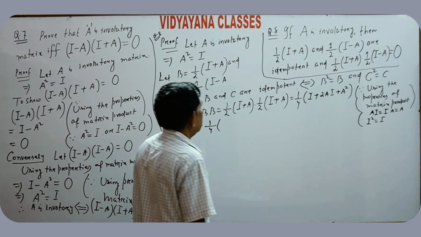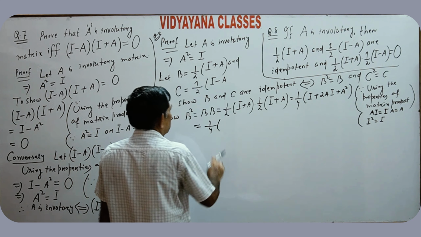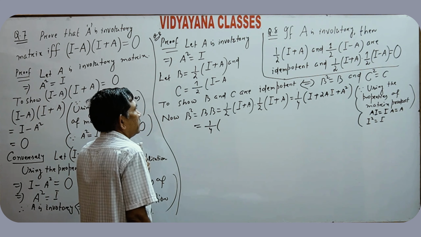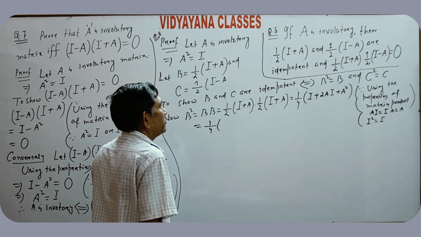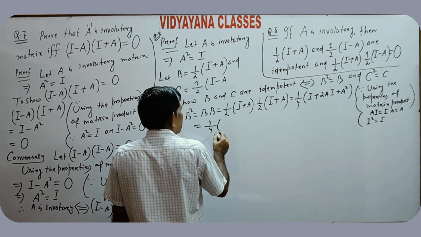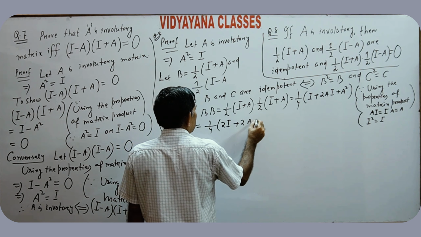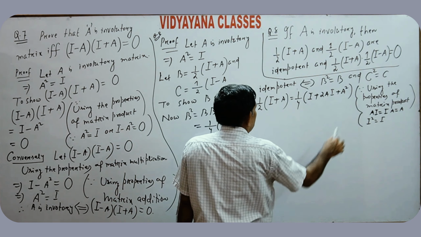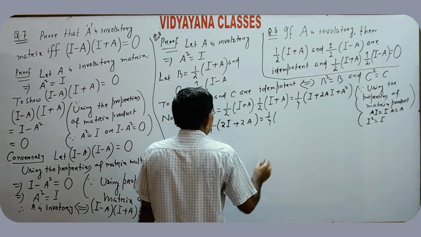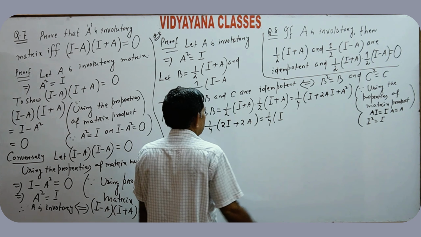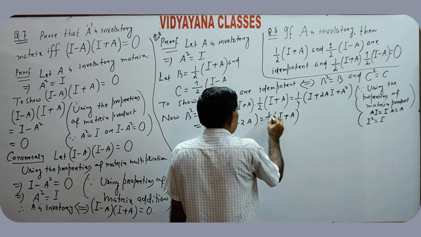A square is equal to I, so we get 1 by 4 into (2I plus 2AI). AI is equal to A, so 2A, which is the same as 1 by 4 into (I plus A) into 2.